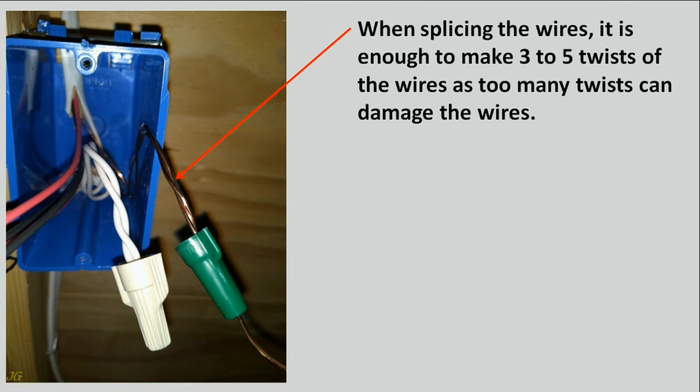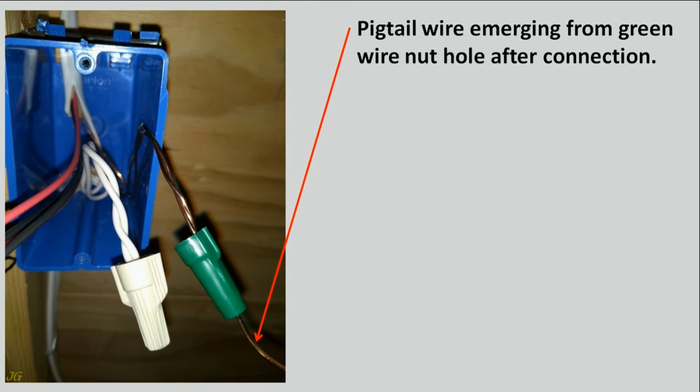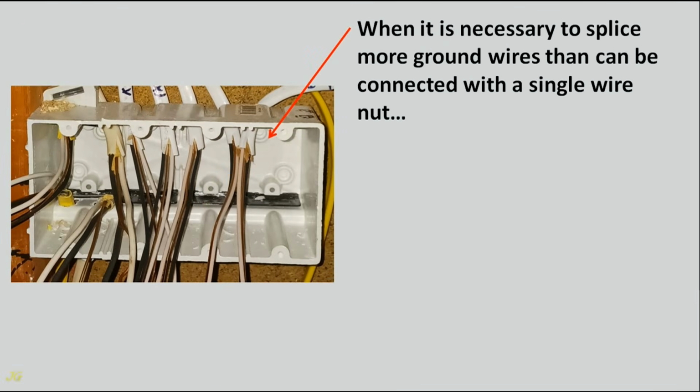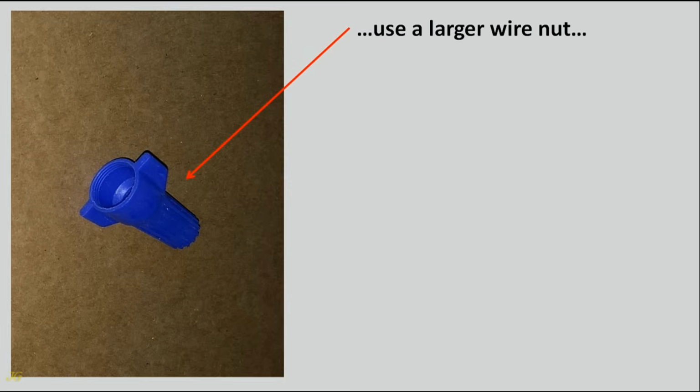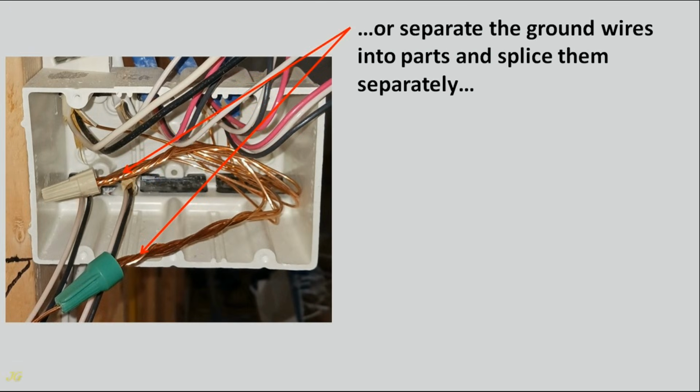When splicing the wires, it is enough to make 3 to 5 twists of the wires, as too many twists can damage the wires. Pigtail wire emerging from green wire nut hole after connection. When it is necessary to splice more ground wires than can be connected with a single wire nut, use a larger wire nut, or separate the ground wires into parts and splice them separately.